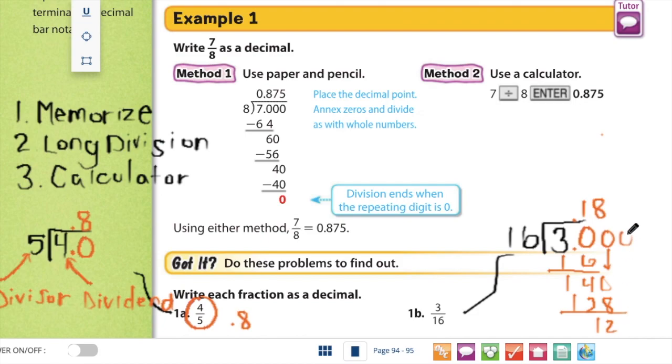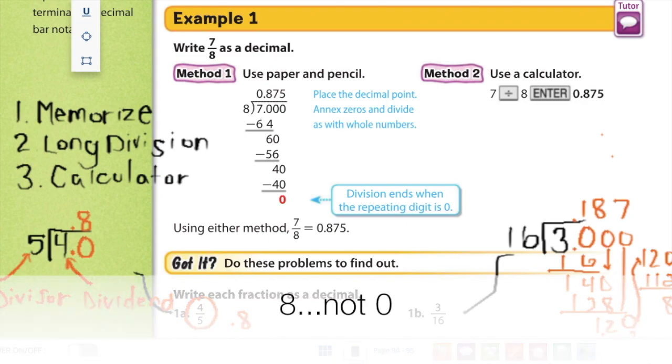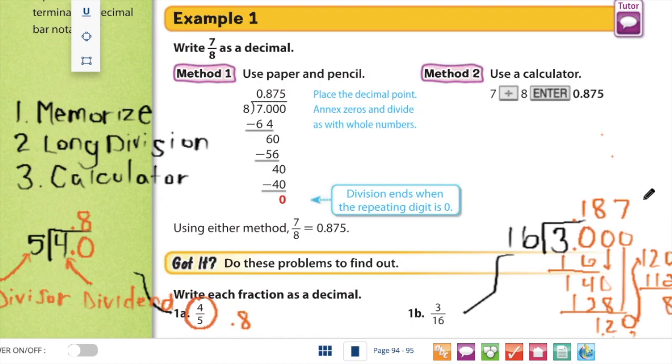Add a 0, bring it down. 16 goes into 120 7 times. 16 times 7 is 112. 120 minus 112 is 8, and if we bring down one last 0, 16 goes into 80 5 times. And so 3/16 is a terminating decimal because it stops after the 5, and the decimal equivalent for 3/16 is 0.1875.